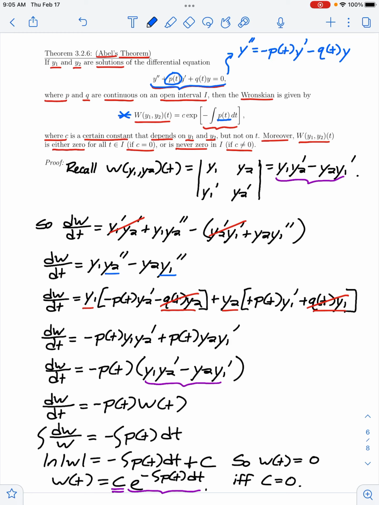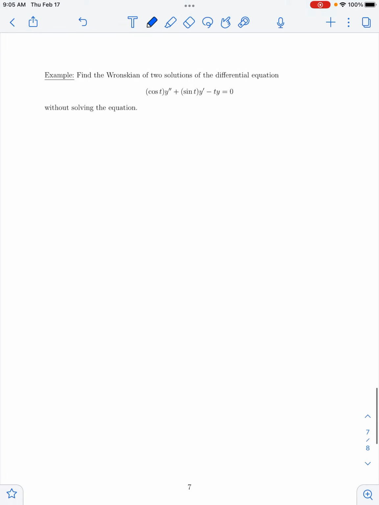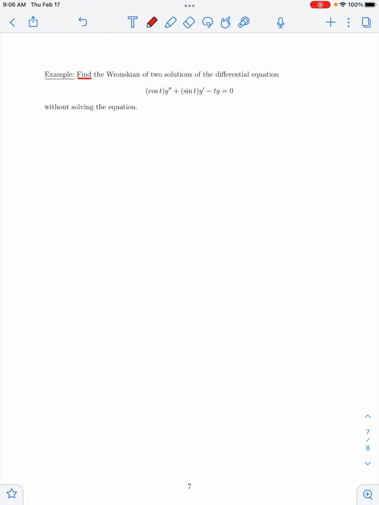So now that we have this result, let's look at some examples making use of it. In this next example, we are asked to find the Wronskian of two solutions of the following differential equation, which we can see is second order, linear, and homogeneous, without solving the equation.